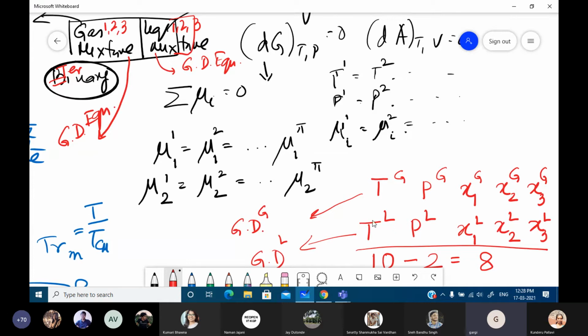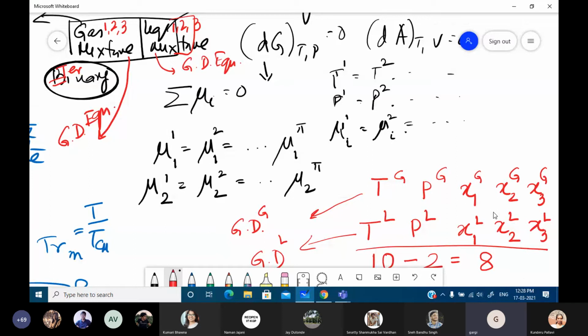Now, when you consider the whole thing together, what do you know? There is one equation which says that the two temperatures have to be equal. There is one equation which says that the two pressures have to be equal. There is one equation which says that the total number of moles of component 1 in this entire system has to be constant, because finally this system is a closed system.